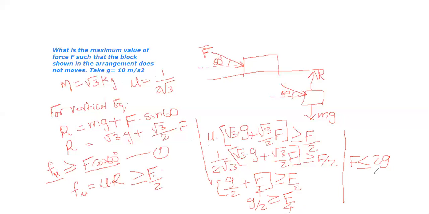So F is equal to 20 Newton. This is the maximum force that we can apply to this block without moving it. So if we apply a force higher than 20 Newton, that block will start moving.